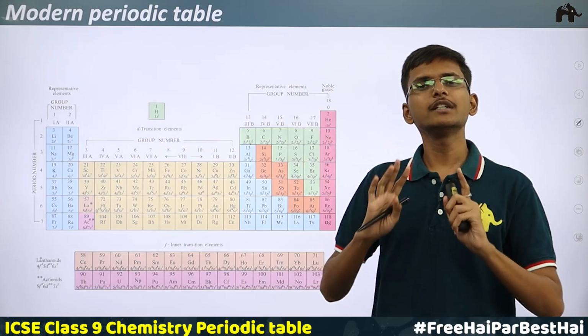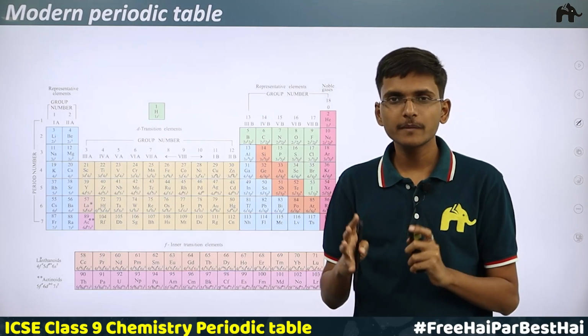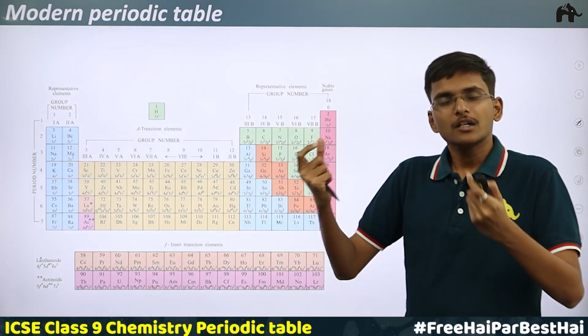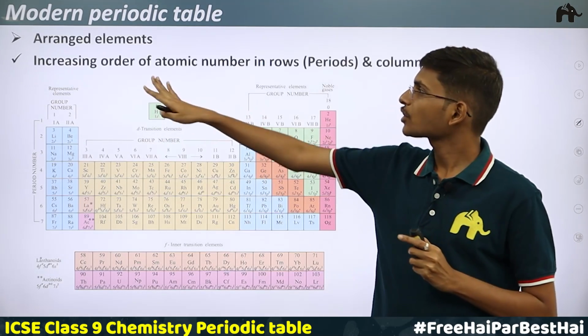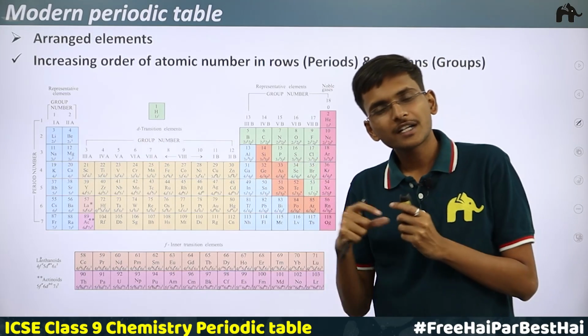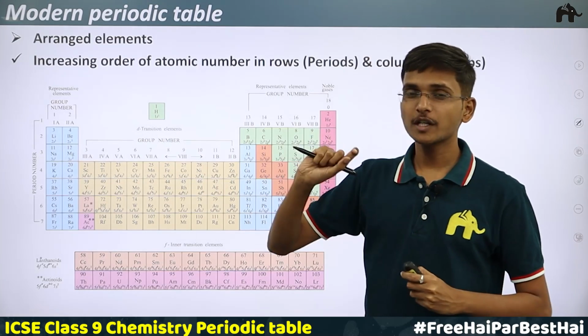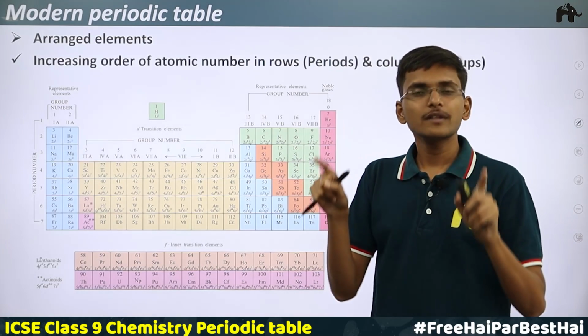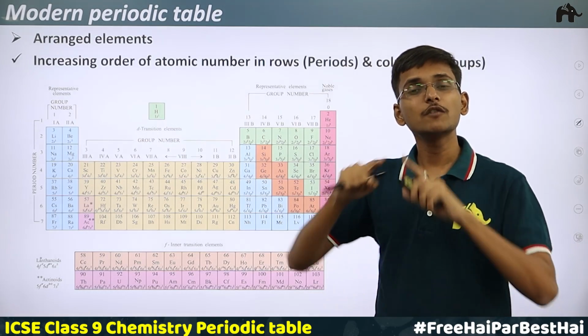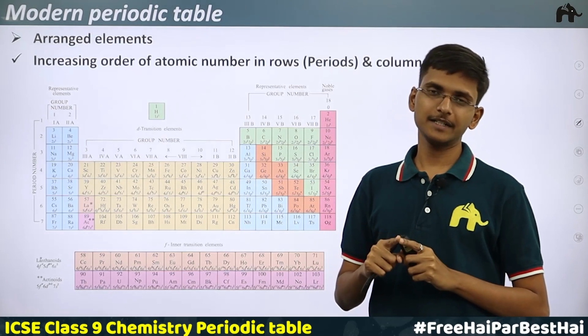Simple. So what we did for making the modern periodic table, we simply arranged the elements in the increasing order of their atomic numbers. Here the arrangement was similar to that of Mendeleev's periodic table, in the increasing order of atomic numbers, but in the form of a table.